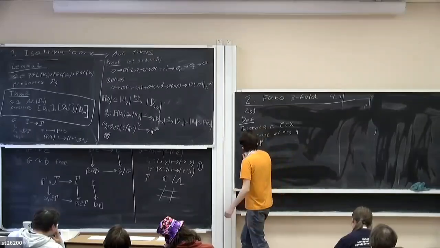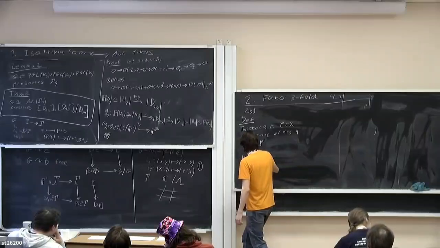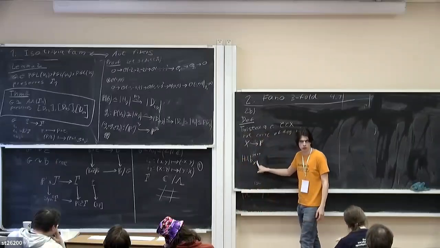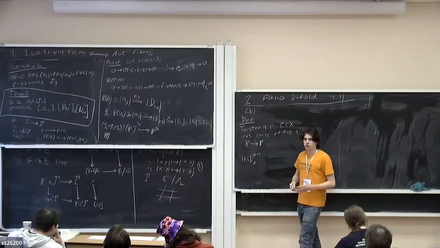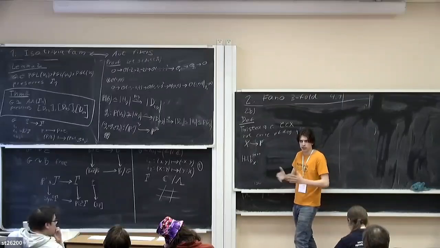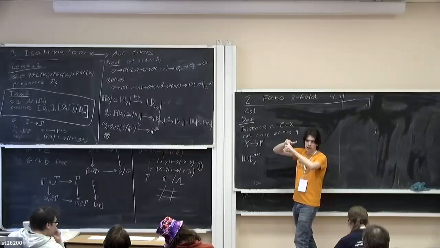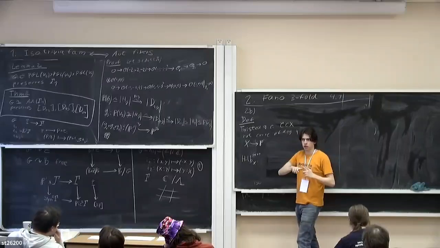I don't want to define Hilbert schemes, but we have some Hilbert scheme which parameterizes all such curves. The curves can be smooth, but they can also be singular. So it can be some union of some lines and conics that intersect each other.